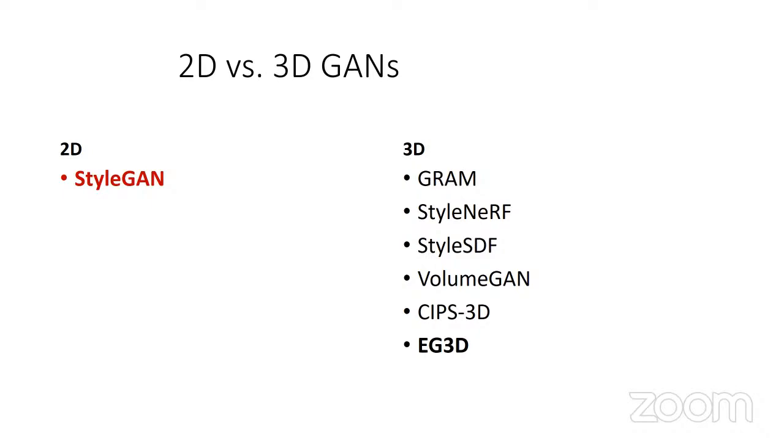And so the idea is that the GAN would generate a 3D representation itself. There are many choices, and I just list some of them. I think this is not exhaustive of what was done within the last half a year or so. GRAM, StyleNeRF, StyleSDF, VolumeGAN, SIGS 3D, and EG3D. And I highlight EG3D because I would pick it as the currently best model.